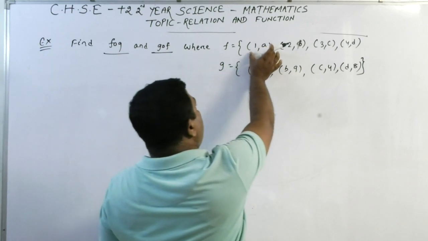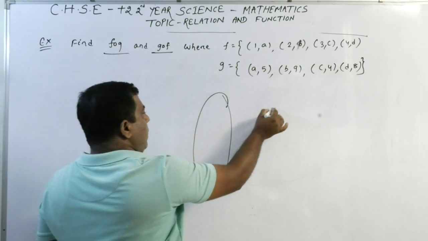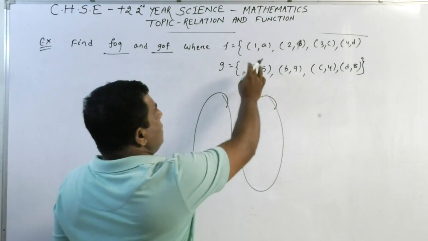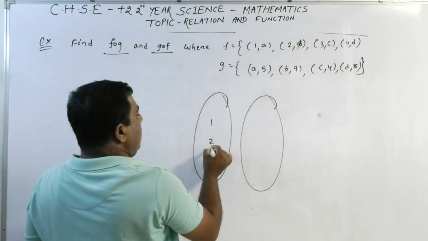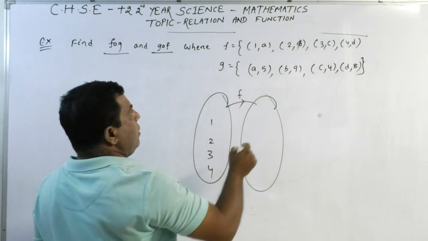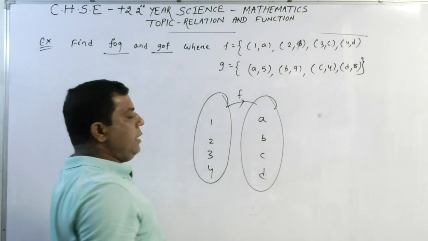The ordered pair 1a. What does it mean? That means the function f has the domain elements 1, 2, 3, 4, and the function f is converting them to the values a, b, c and d.